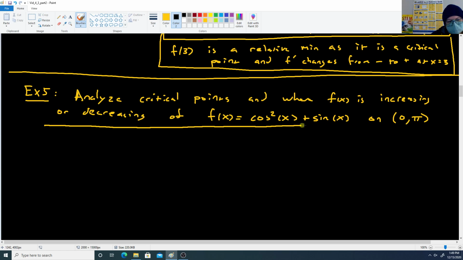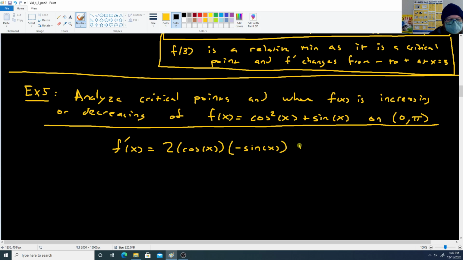Okay, so first, we need the derivative. Chain rule applies on the cosine squared of x. That'll be 2, leave the cosine of x alone. 2 minus 1 is 1, so I'm not going to write the power. Then the derivative of cosine is negative sine, so we multiply by the inner derivative.